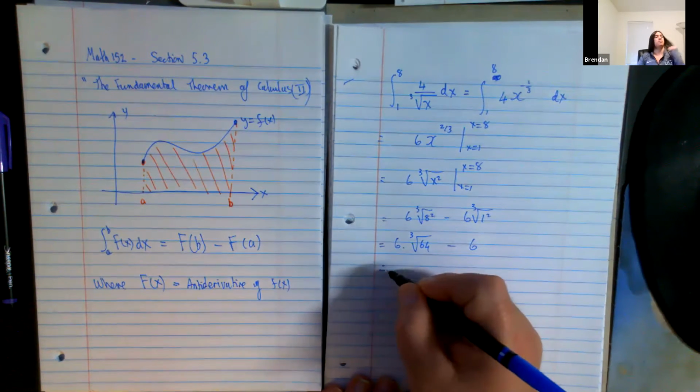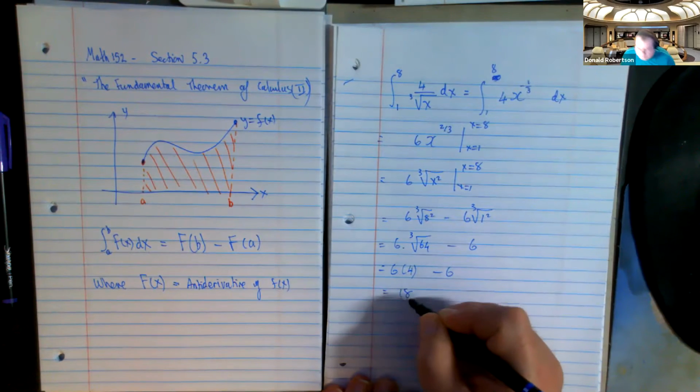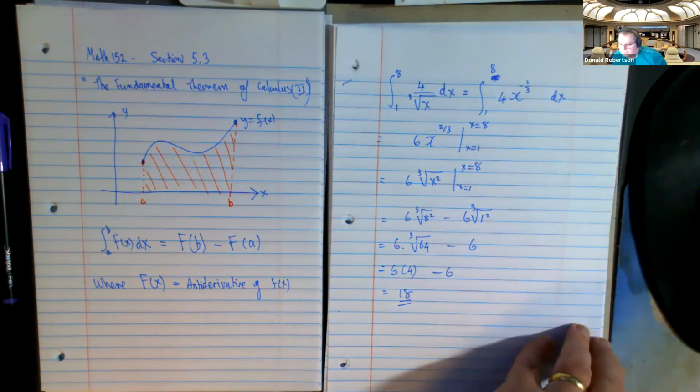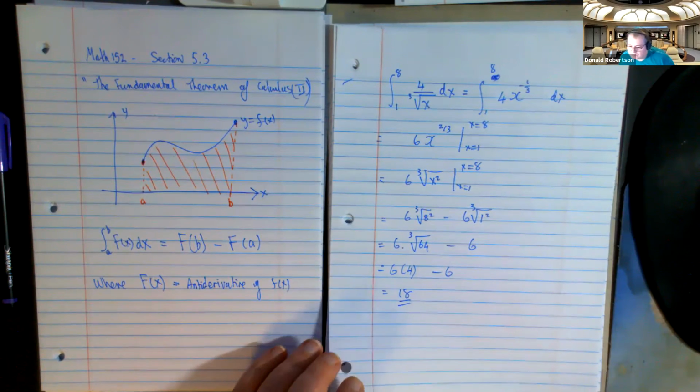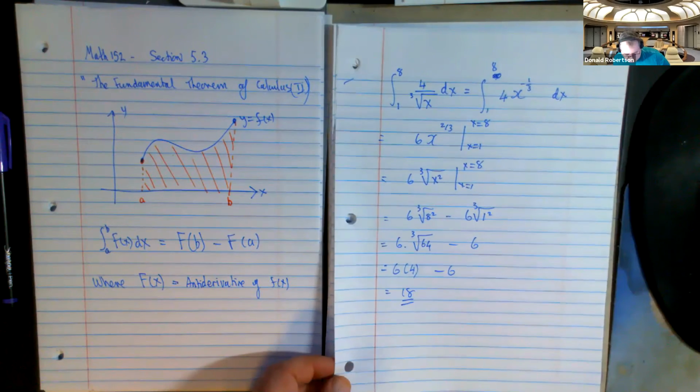Yay. I believe the answer is 18. Now, if it didn't come out right, it's okay for the answer to be 6 cube root of 17, take away 4 or whatever, right? It's still an exact answer. If it's nice, you should make it nice. If it doesn't work, then whatever you've got is the answer. That's what you've got.